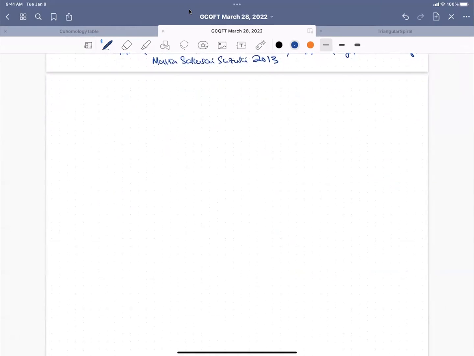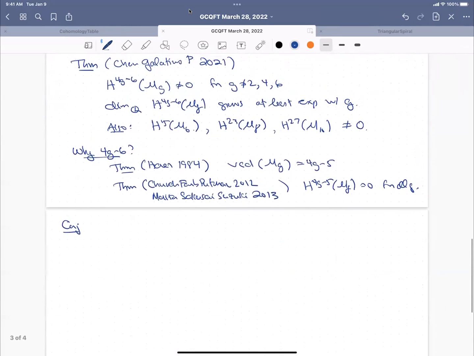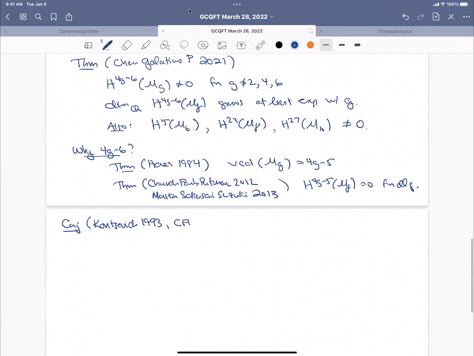I should mention that this abundance of cohomology in degree 4g minus 6 was not expected. The conventional wisdom was conjectured by Kontsevich in '93, in the context of formal non-commutative symplectic geometry, where he had infinite dimensional Lie algebras associated to certain operads, and that is the perspective that Morita, Sakasai, and Suzuki used in their proof.